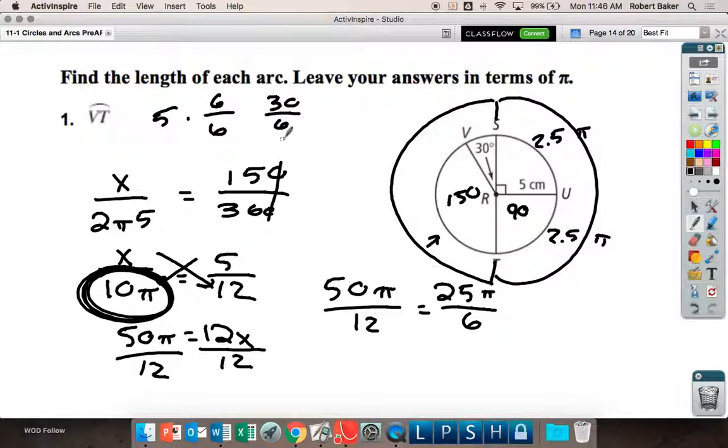So if this is already 25 over 6, what's this one? 5 pi over 6. That's just using fractions to math all the way the rest of the way around. The whole thing is 60 pi over 6, right? Or 10 pi's. And you start fractioning out like radians.